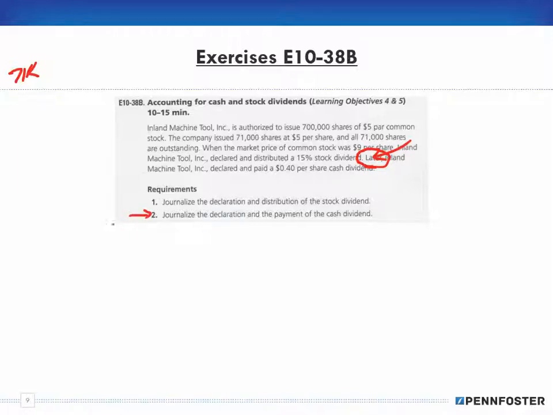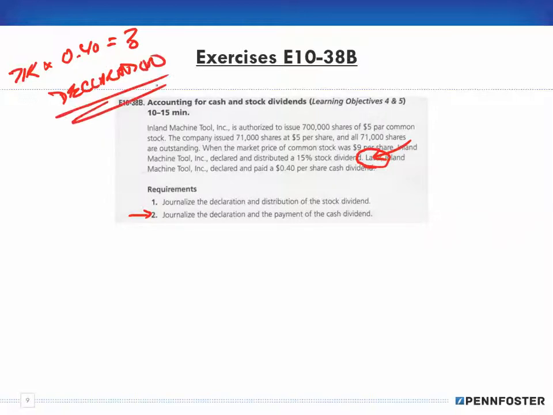The reason is, if you just say Inland Machine declared and paid a 40-cent per share cash dividend, what you're going to do is take this 71,000 and multiply it by 40 cents per share to calculate the declaration of the dividend. The problem is that that's not how many shares you have.